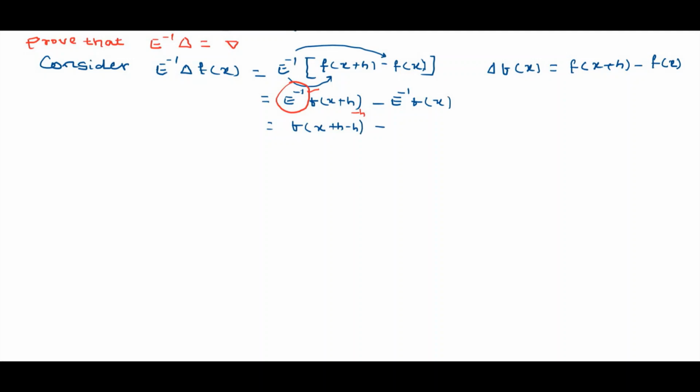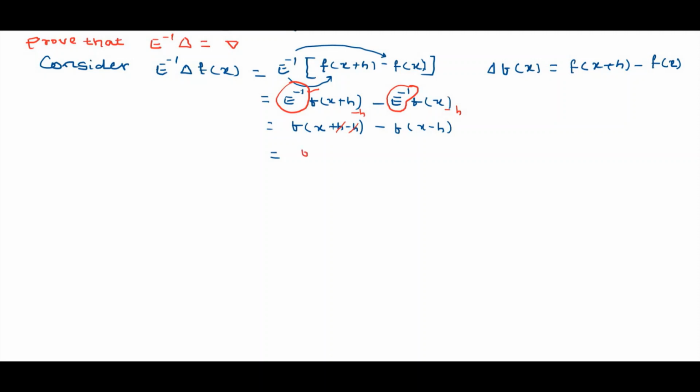Similarly, in the second term, to eliminate this e raised to minus 1, we have to add minus h here, and if you add minus h there, we get f of x minus h, so that again the minus 1 gets cancelled. So this is equal to, in this case this plus h and minus h get cancelled.